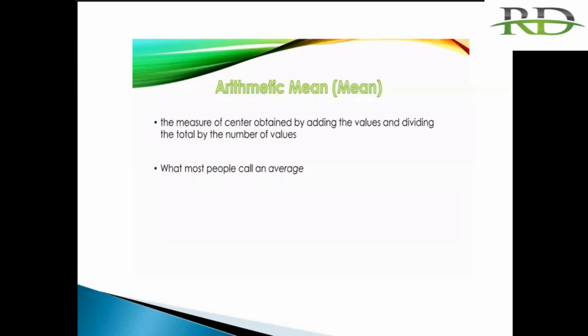Now come to arithmetic mean. Arithmetic mean is simply the addition of the values of the variable divided by their number. And see, this arithmetic mean is the best measure of central tendency for homogeneous data only.